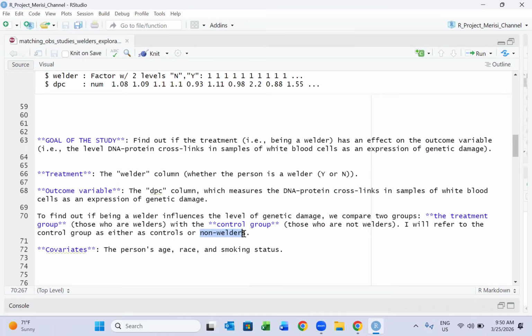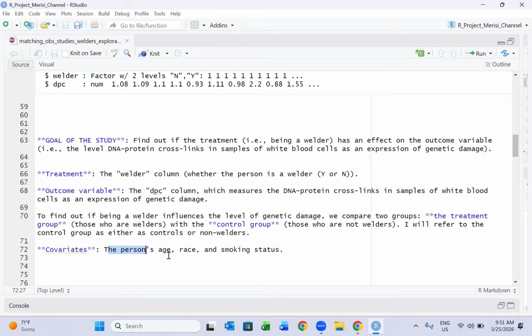All right. And we also have covariates. What are covariates? Covariates are other independent variables, if you will. We don't know if they are, but they could be confounding factors. So the covariates could be the real reason for the observed relationship between the treatment and the outcome.